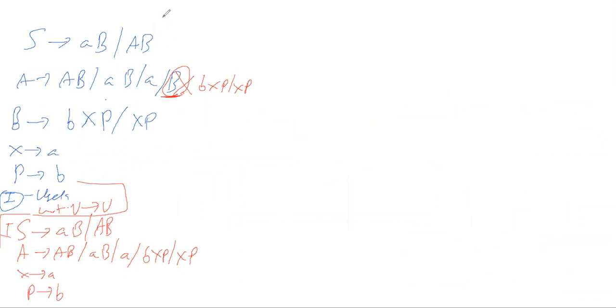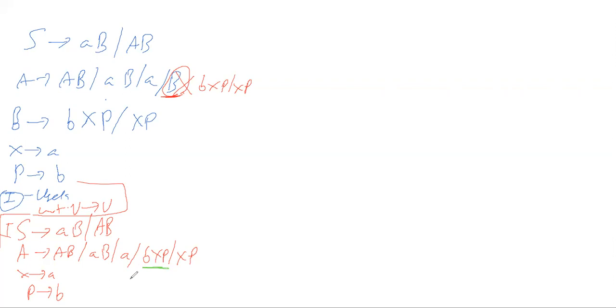In the second step, I use red color. Identify from the grammar whether each production is in CNF or GNF. So except BXP, everything is in either GNF or CNF.